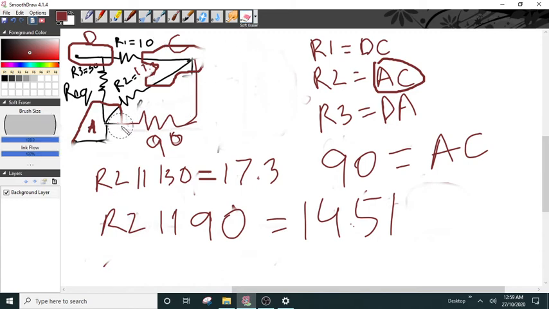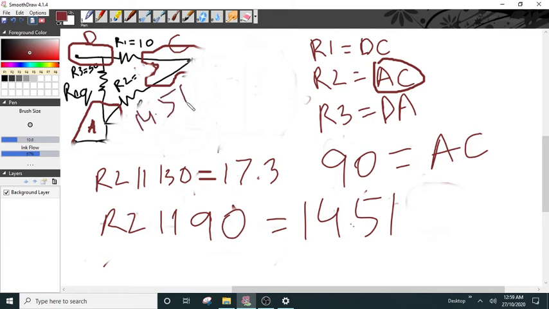Let's suppose I replace this one, remove this one, sorry, and retain the other one, and its value is now not 17.3, but 14.51, because I have solved it in parallel. Obviously this 90 ohm is now no more. I removed this resistor, so this pair is also removed.